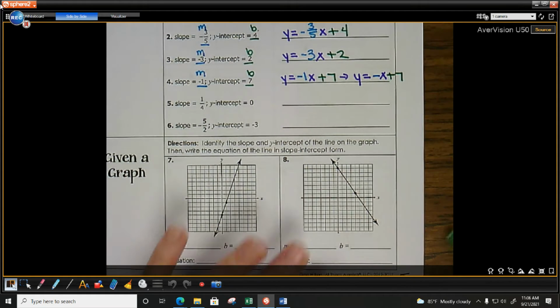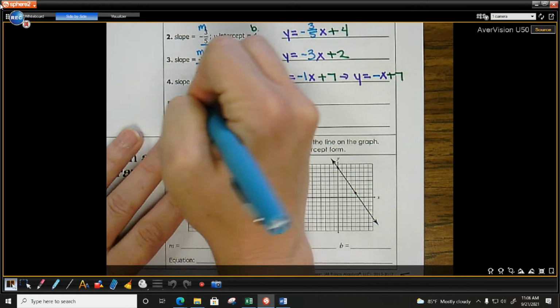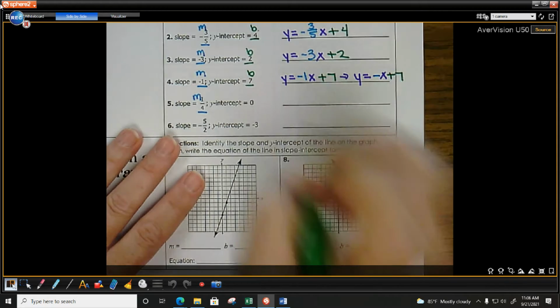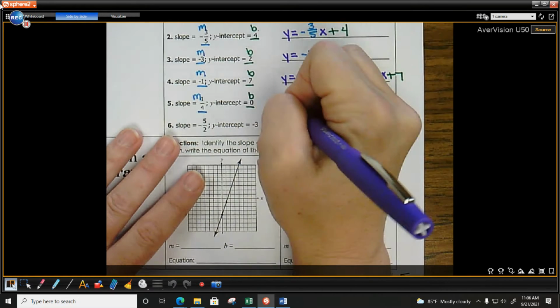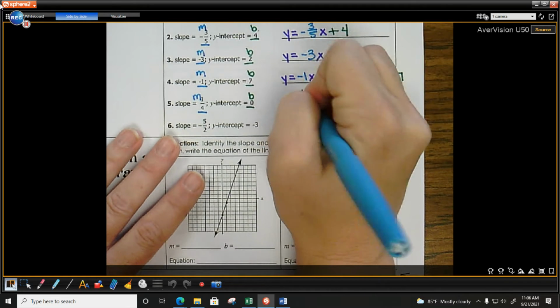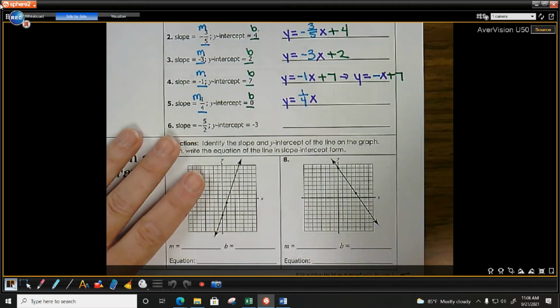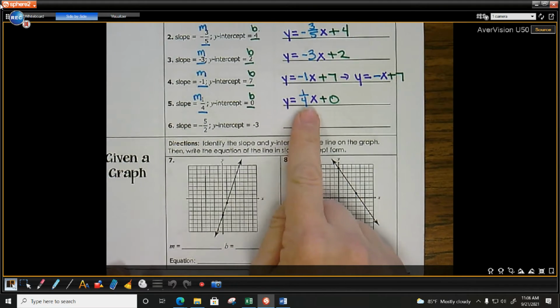Okay? Number 5, what's your m? What's your b? 0. So again, y equals, what's your m? X plus b, what's b? Again, this is perfectly acceptable.